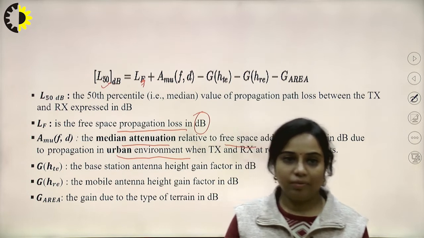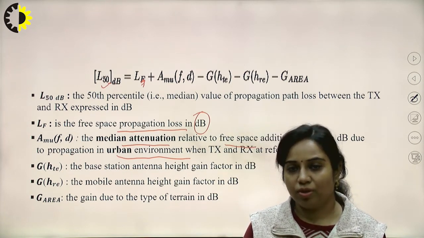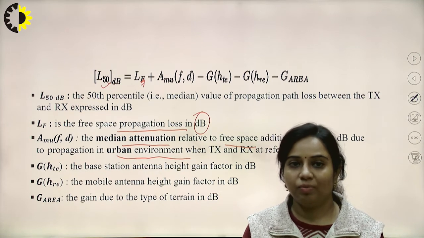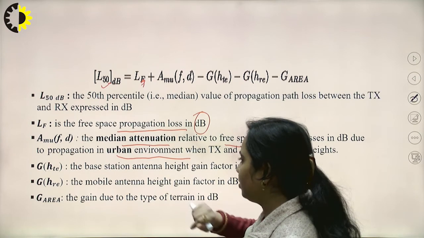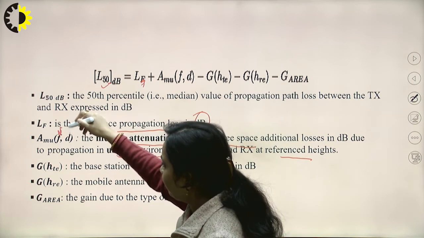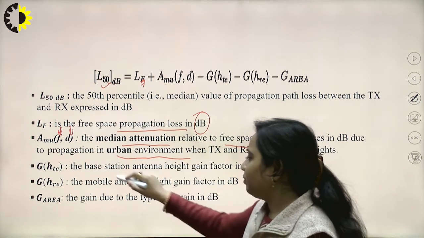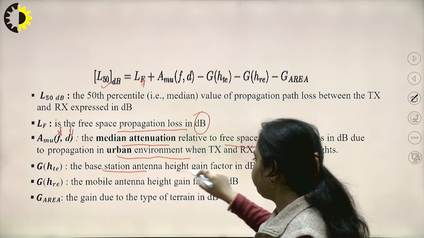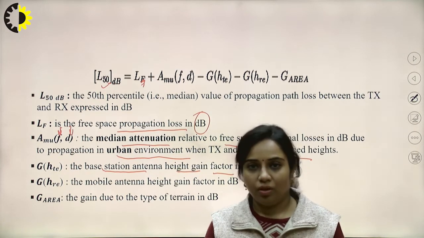In the previous slide I discussed that the transmitter height should be 30 meters to 100 meters and 1 to 10 meters will be the receiver height. So that's why we are using this parameter, where we have to select the frequency range and the height of the particular antenna. Then GHT is the base station antenna height gain.